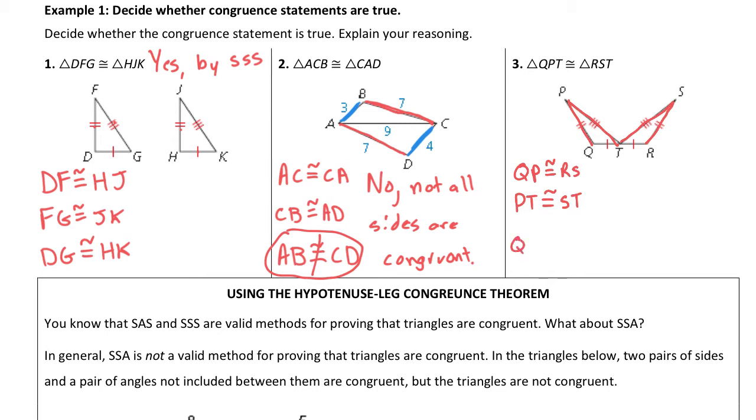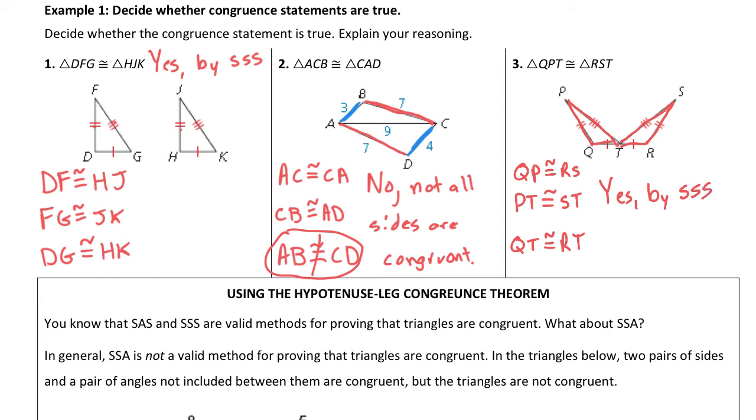And then finally QT, congruent to RT. QT and RT, I would say yes. So are those triangles congruent? I would say yes. And they're congruent by side, side, side.